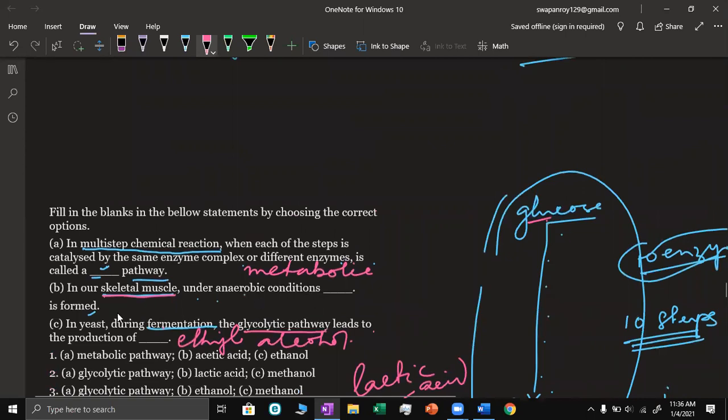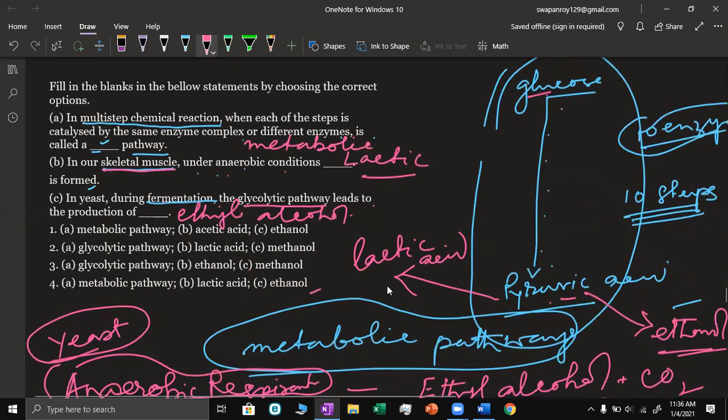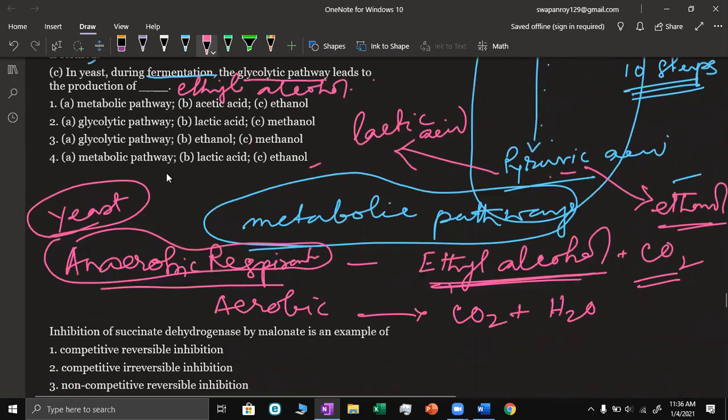Here, in our skeletal muscle under anaerobic condition, lactic acid is formed. So our answer will be A, metabolic pathway, B, lactic acid, C, ethanol.